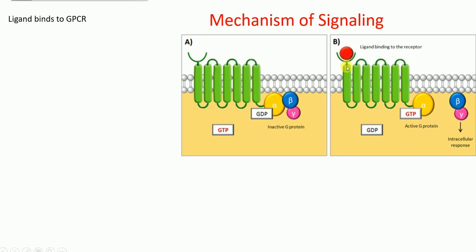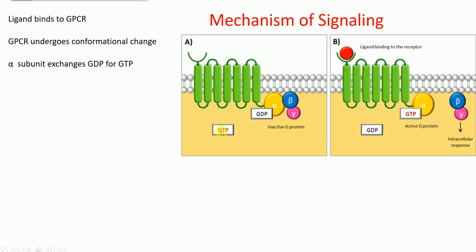the first important point is the binding of the ligand to the G protein coupled receptor, and after that the GPCR undergoes conformational changes. After it undergoes conformational changes, the alpha subunit exchanges GDP for GTP.